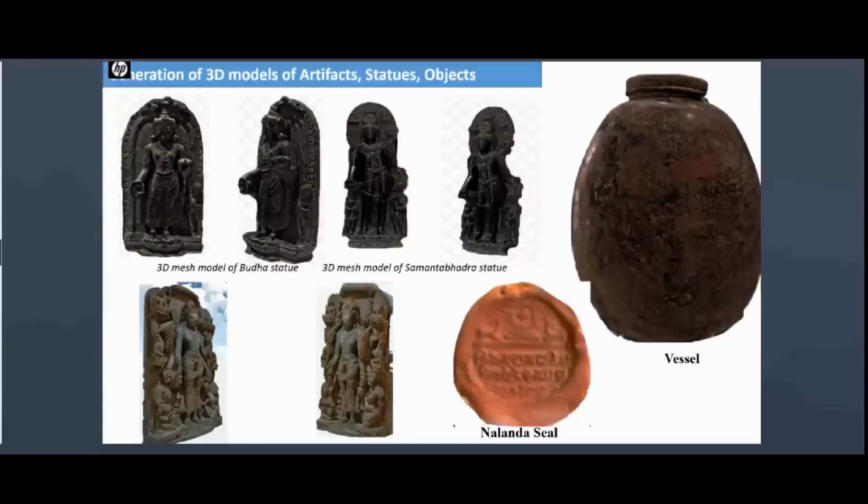Only then were they able to confirm that this site is Nalanda University. These are the vessels. Huge vessels are there, because as I already told you, in the monastery the students used to stay. These are the cooking vessels which were found from the monasteries. So the virtual relocation of all these statues and artifacts was done using the 3D model.